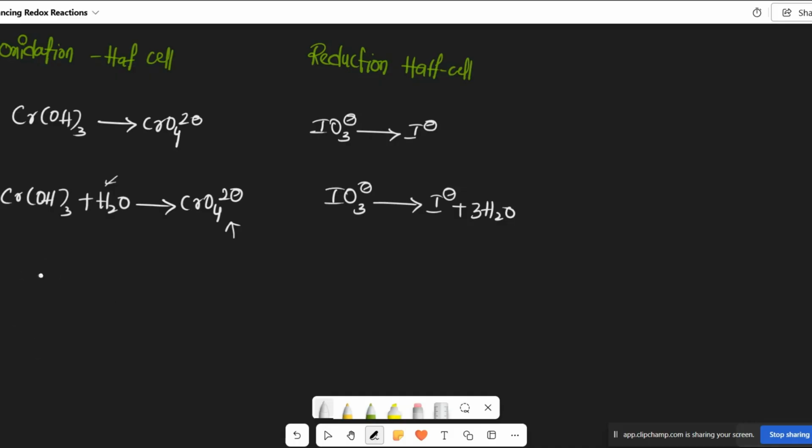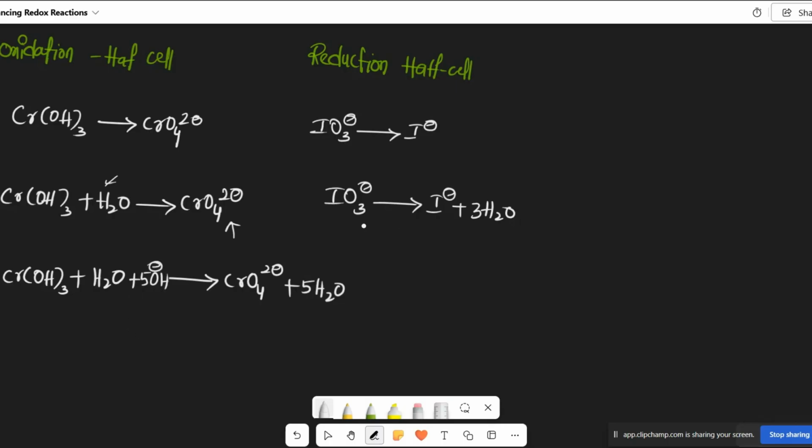So let's add it: Cr(OH)3 plus H2O gives CrO4 2 negative. Here there are 5 hydrogens, so we add 5 water molecules, and at the same time 5 OH negative on the opposite side. This should be clear.